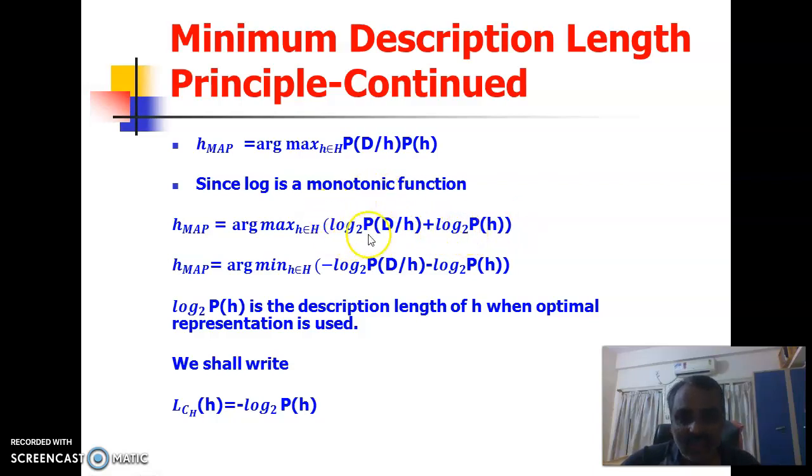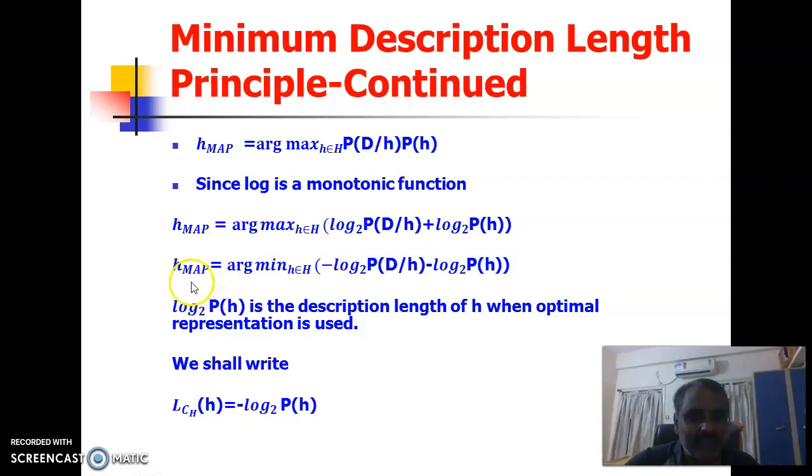Now we have selected log base 2 because we are comparing this concept with the information theory of communication engineering. In communication engineering, the shorter the codes, the better. So here also we are trying to reduce the length of the hypothesis.